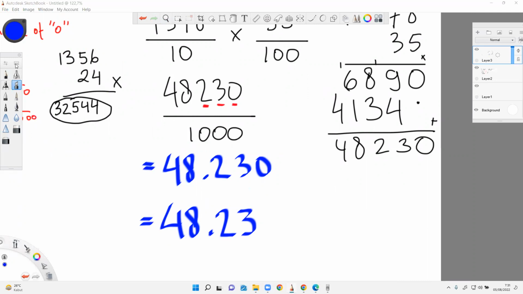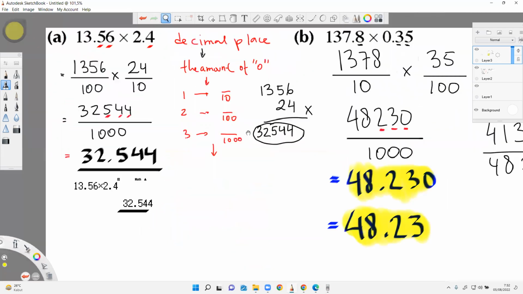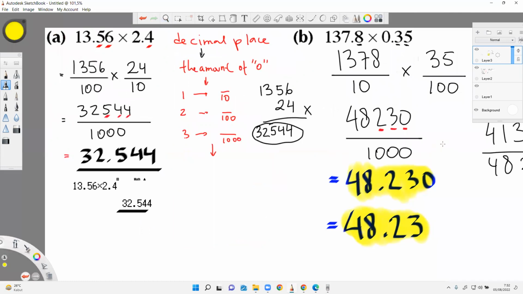So the answer can be both, either or. This one or this one. A 0 on the last part of the decimals, again, decimals, not the whole number, might not be written. But later on in the next topic, chapter 3, it is important.